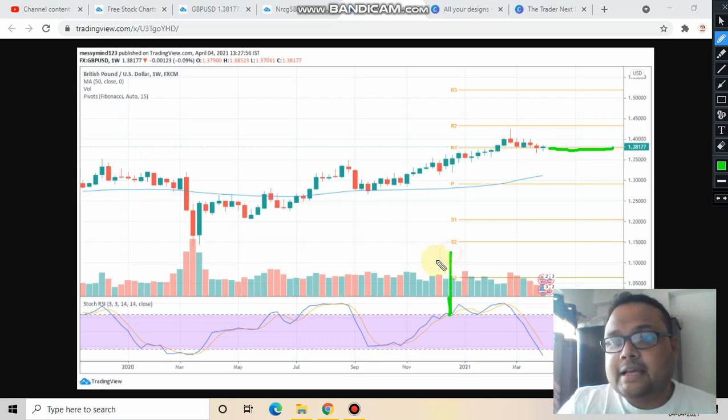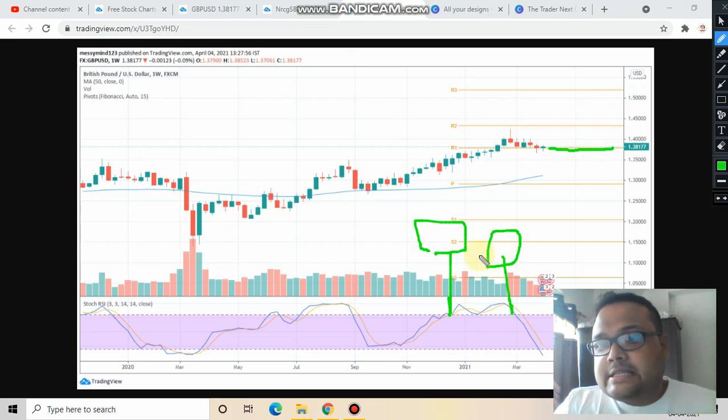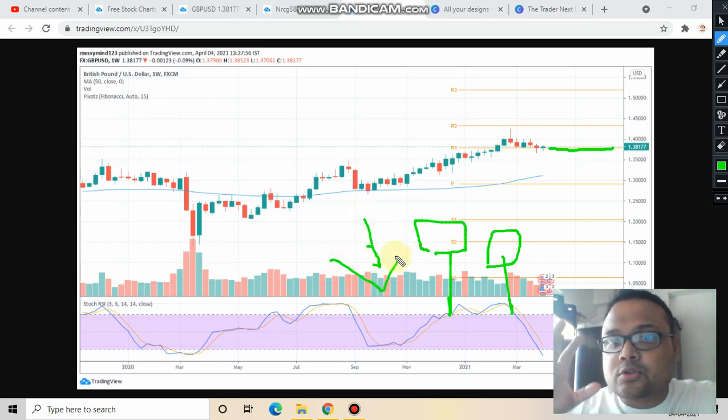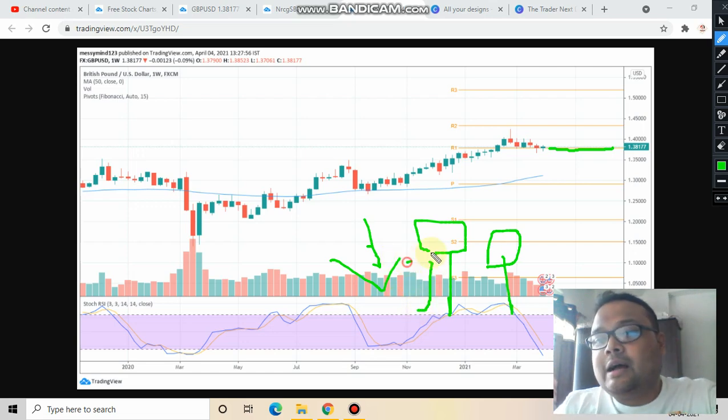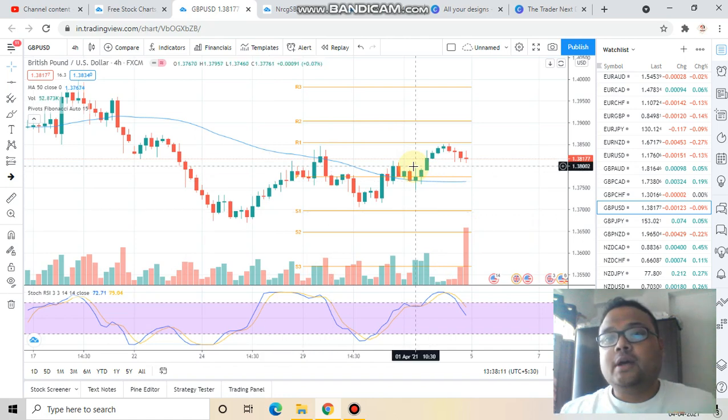So market has formed hammer patterns for 2 consecutive weeks, which means that, just try to understand the candlestick here, sellers are pushing the price downside, but buyers are somehow taking the price to the upside and managing to close above the support. That's why we are seeing a picture like this.